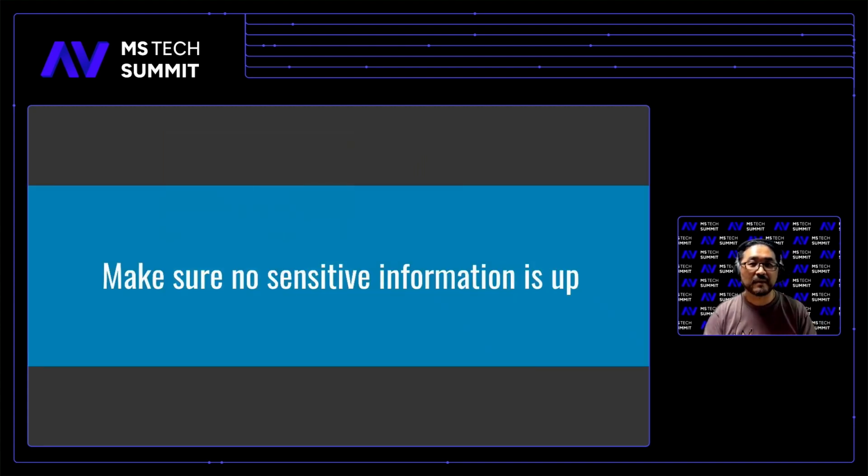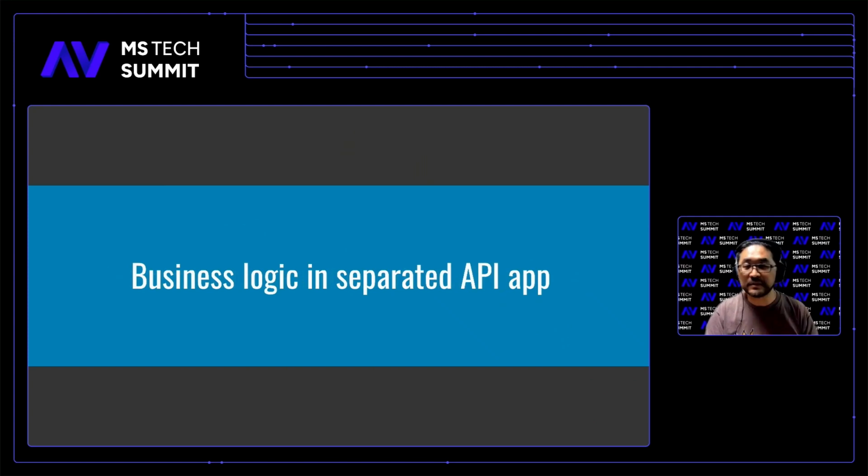But this time, because that backend API is hosted externally, I mean, without being protected by GitHub Pages or the standalone Blazor WebAssembly application, we also need to consider that there is no sensitive information stored within the UI logic, and the business logic stays in the external backend API.